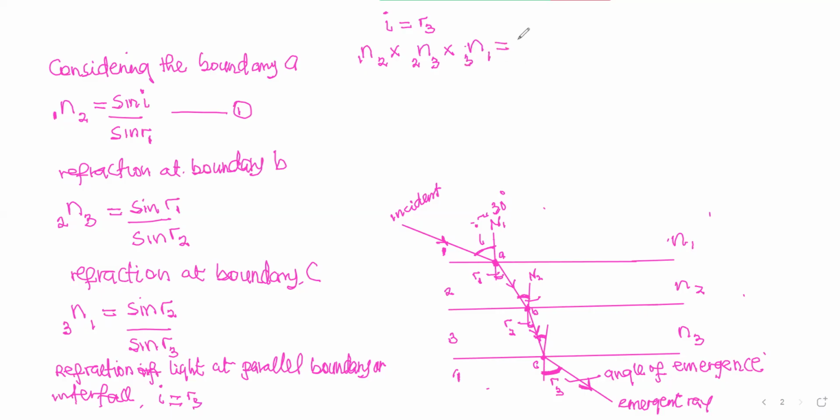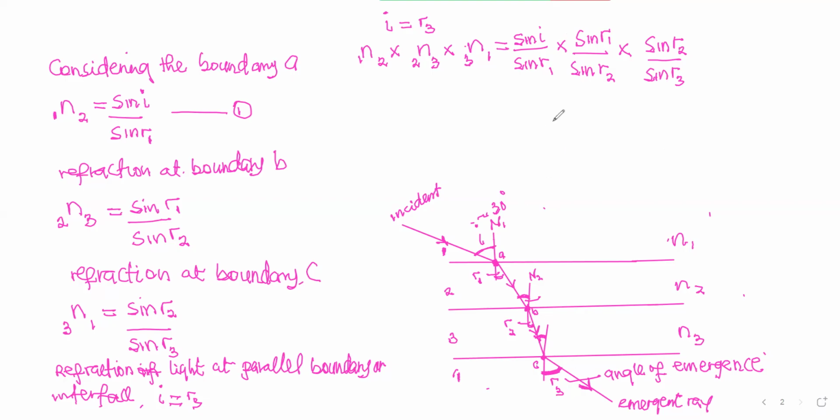This must be equal to, for the first one, 1 to 2, sine I over sine R1, times sine R1 over sine R2, times the last one, sine R2 over sine R3.